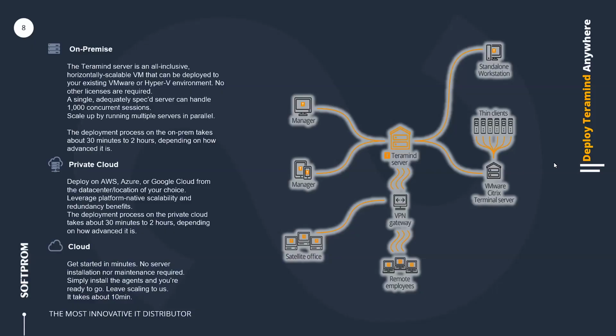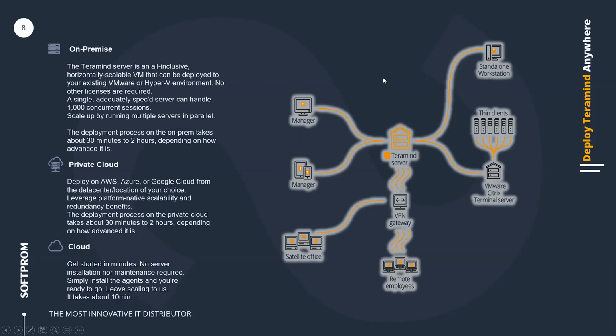The Teramind platform is designed as you can see here, with three deployment options. We can deploy it on-prem, on a private cloud, or on the cloud. On-prem takes from about 30 minutes to 2 hours, depending on how advanced the installation is.